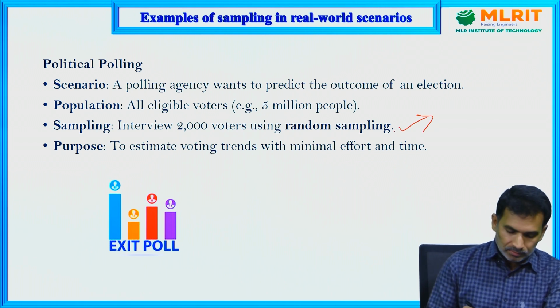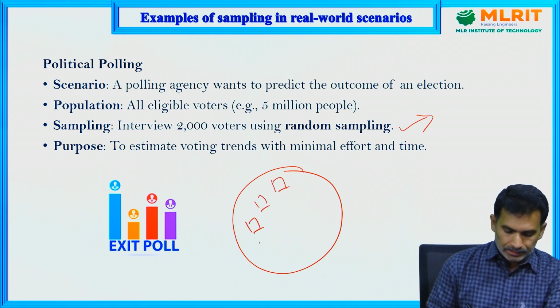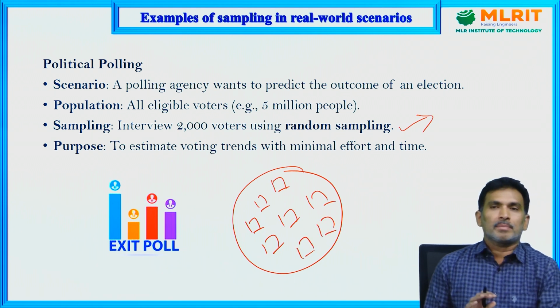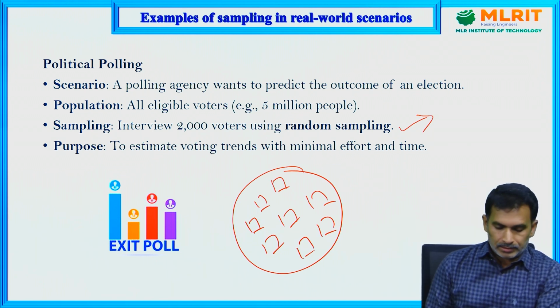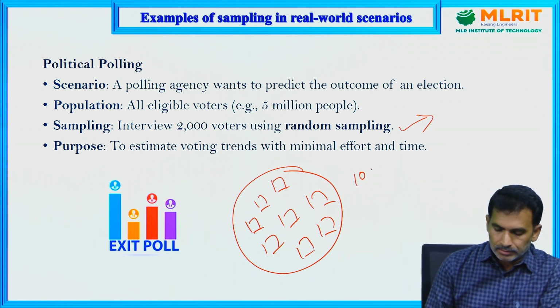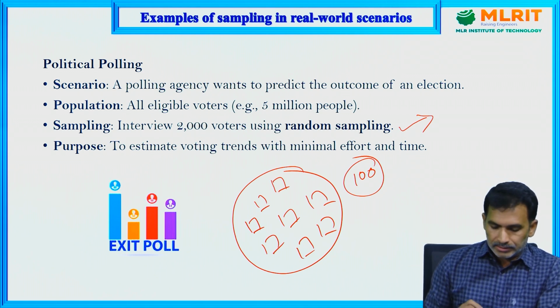Let us take one simple example, one city. There are different areas in the city, and each area has some councillors or representatives. Let us say there are 100 representatives in this city.